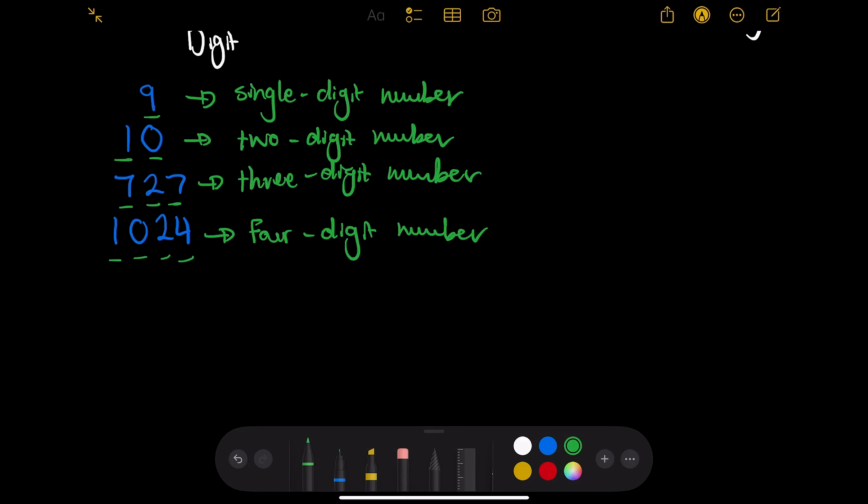In our next video, we will actually focus more on understanding the place value of the digits within these numbers, because even within 1024, each digit within this number has a specific value that it corresponds to.